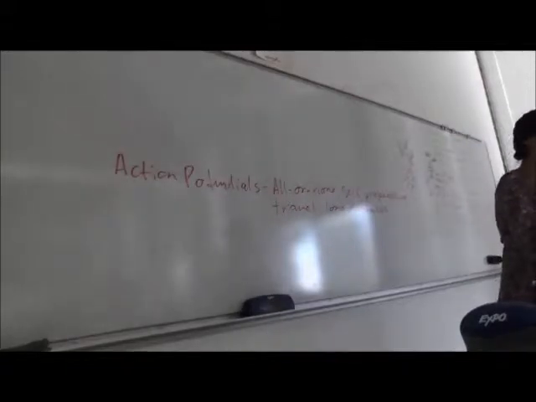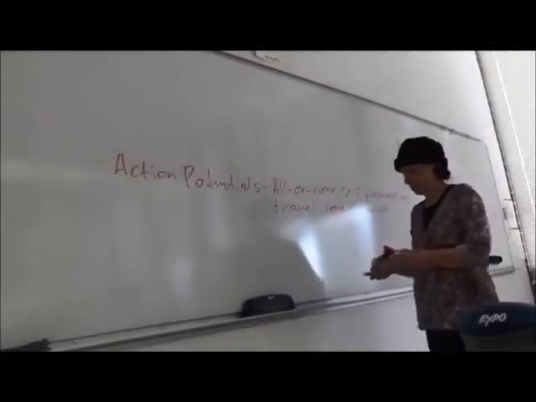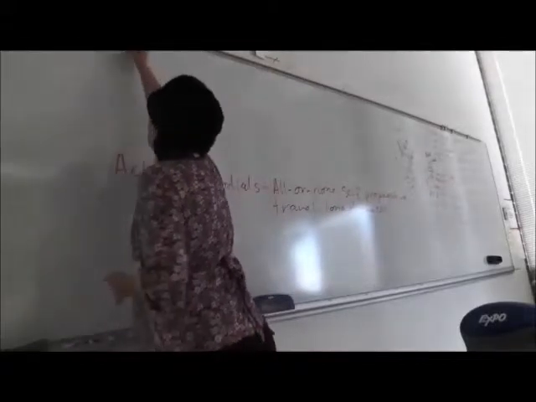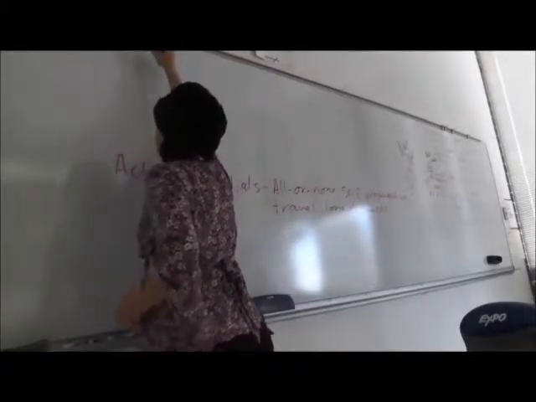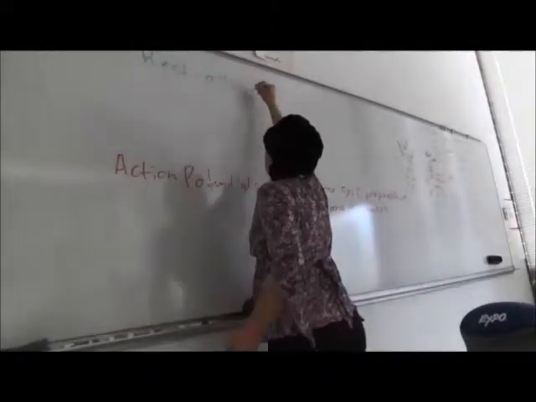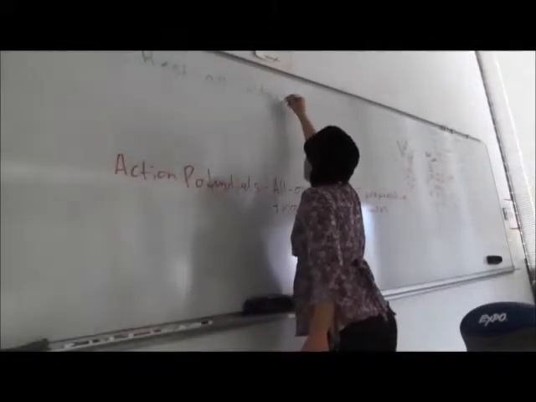There are four main steps that we can look at. The first step is when the cell's just sitting at rest, and all of our voltage-gated channels are shut. So for step one, the cell's at rest. All voltage-gated channels are shut.